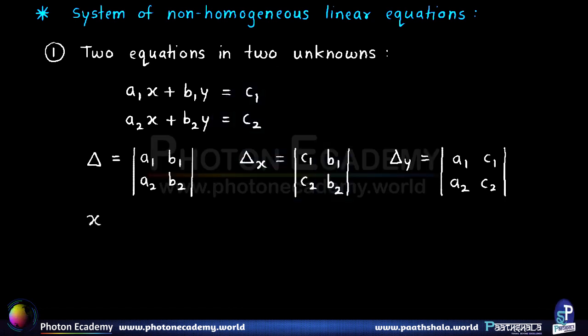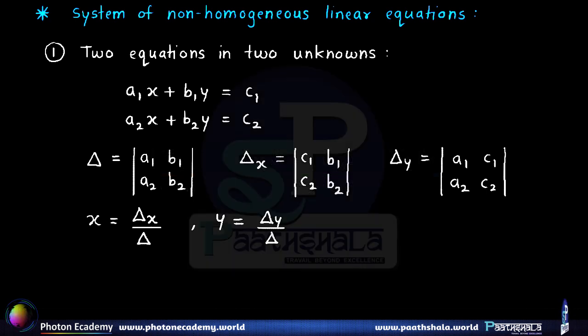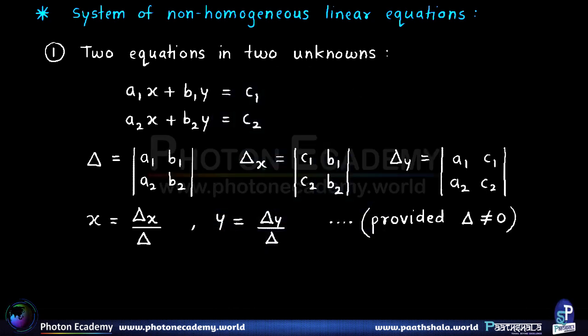Next, we have the formula to get x as delta x upon delta, and y is given by delta y upon delta. Of course this is applicable provided the denominator, which is delta, is non-zero. Only then we will get a specific solution.